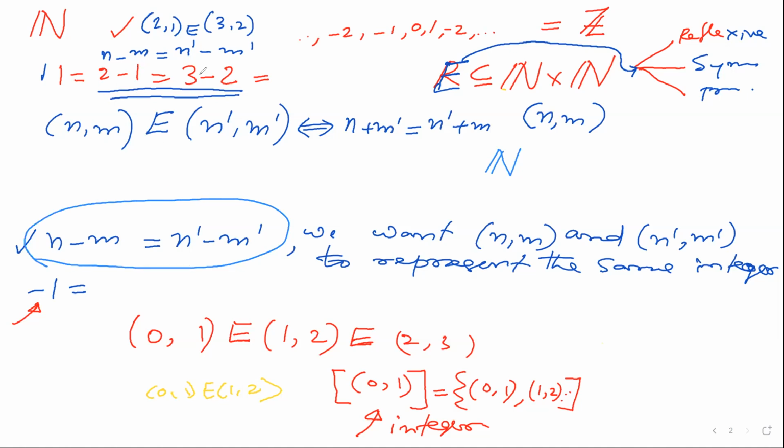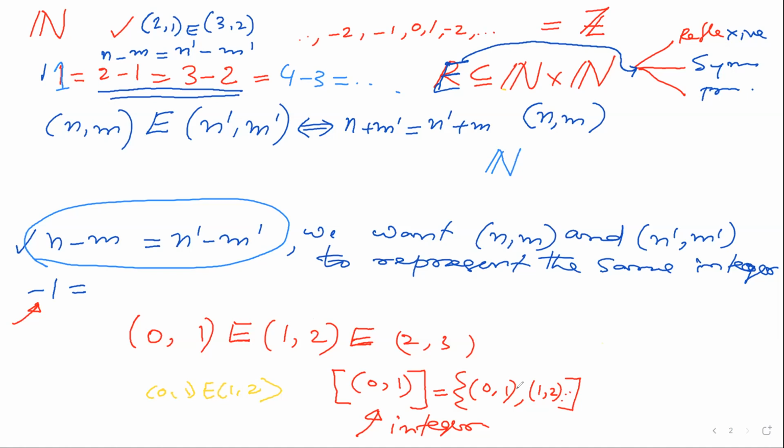Because 2 minus 1 is 3 minus 2, and so on, and that is still 1. So if I have (2, 1), (3, 2), (4, 3), all of them in one equivalence class, this ambiguity is taken care of. All of those represent just one integer. That is what this equivalence relation helps us do.